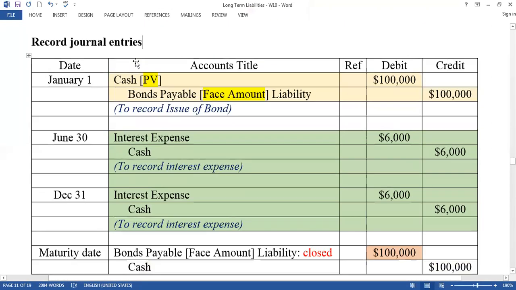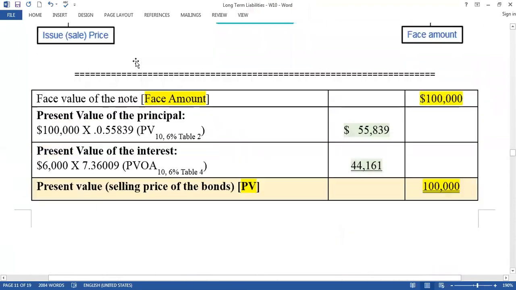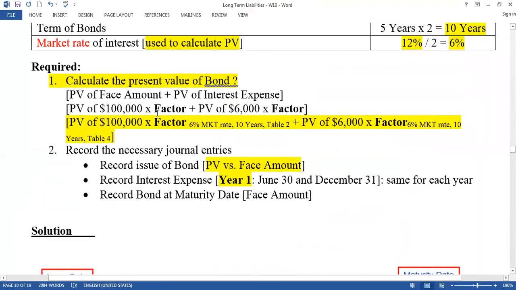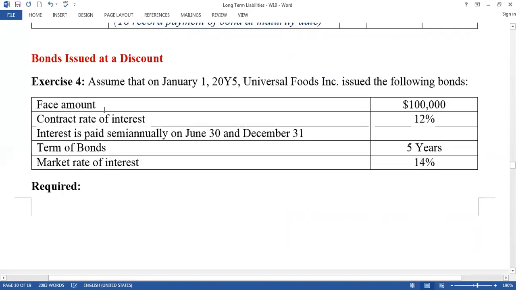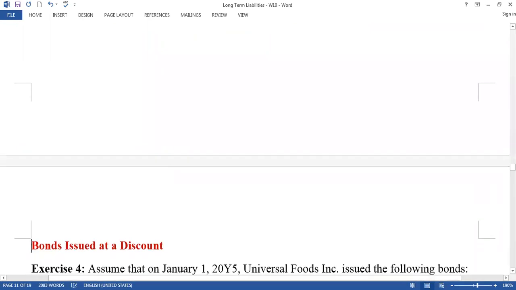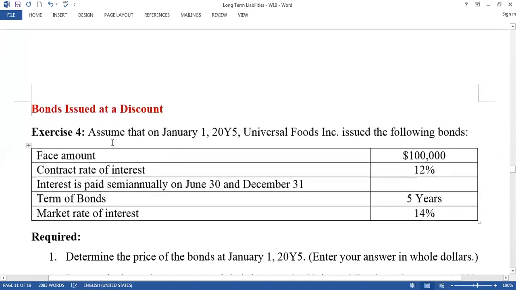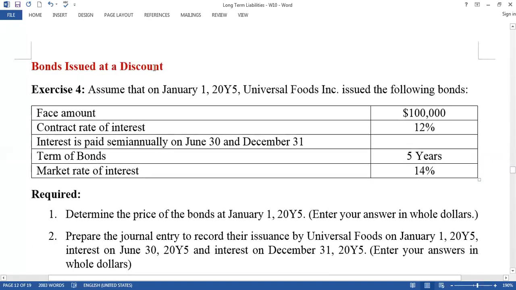So do you have any question about the face amount bond? Any question? Now, if you don't have any question, let's discuss another question here. Bond issued at a discount. So again, read this question.